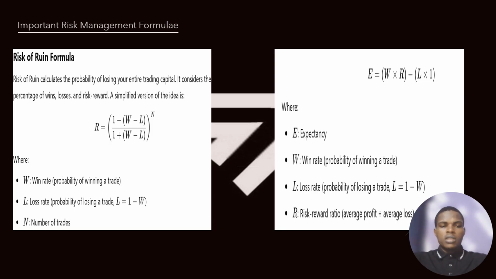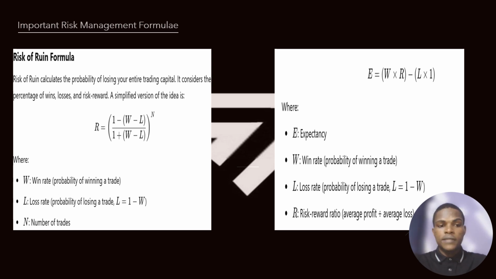Now, these are the important risk management formulas that I want to share with you. Now we look at the risk of ruin formula. The risk of ruin formula calculates the probability of losing your entire trading capital. It considers the percentage of wins and losses and your risk reward.